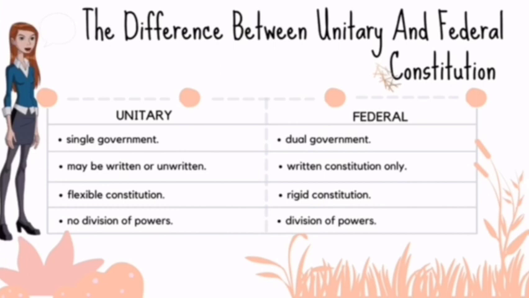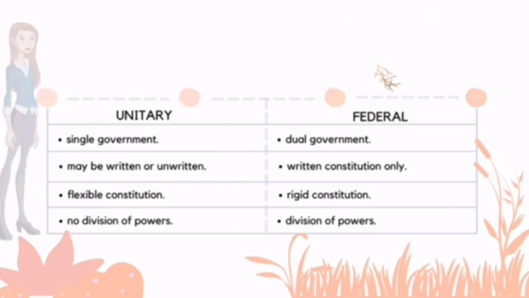And lastly, unitary does not have division of powers. It is because the power is placed in one central governing system. Meanwhile, federal has division of powers because the power and responsibilities are shared between national and local levels.